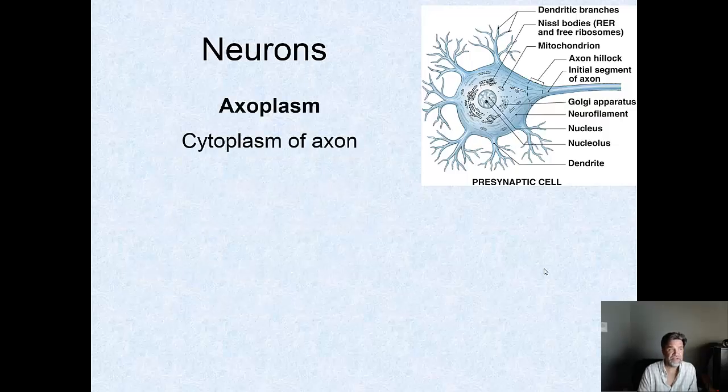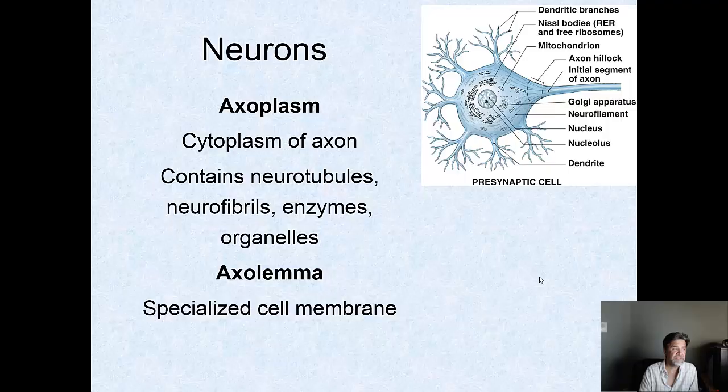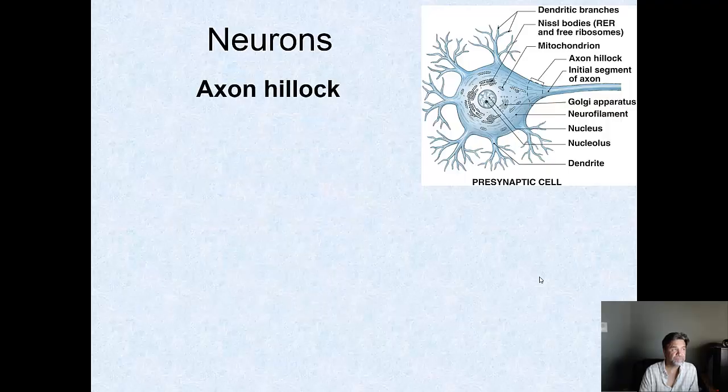Then there's the cytoplasm of the axon. Now we're talking about stuff just in the axon itself called the axoplasm. It contains all the structures that are in this extensively long region of the neuron. And then the membrane that surrounds it is the axolemma. There's a very specialized region up in here called the axon hillock.